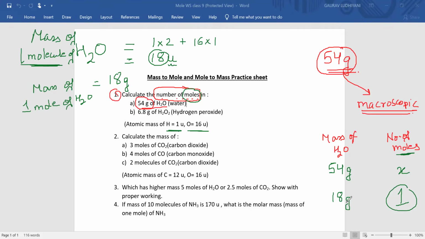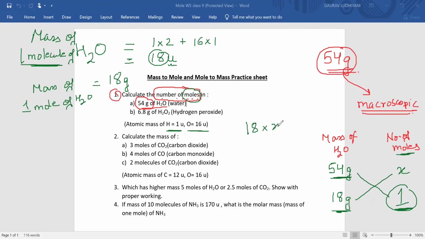So my tip and trick number two, that I know how to calculate things for one. So I have calculated for one. So mass of 1 mole of water is coming out to be 18 g. And as per unitary method, I have to calculate that 54 grams has how many moles? So simply cross multiply. That's how you apply the unitary method.